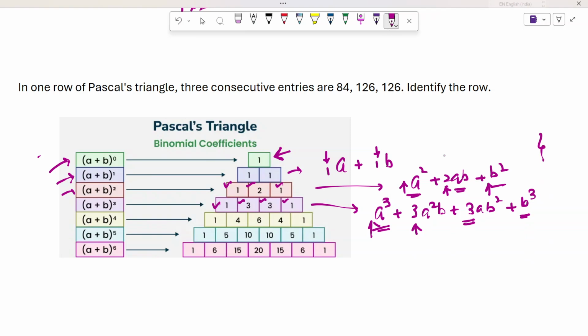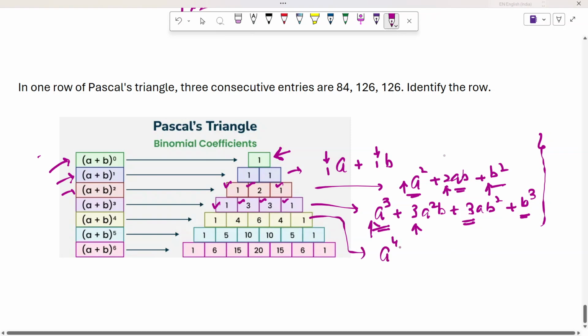Simple. All these expansions are specific cases of binomial expansion when we are changing the powers like 1, 2, 3, 4, 5, 6. Okay. Now let us see this a plus b raised to power 4.